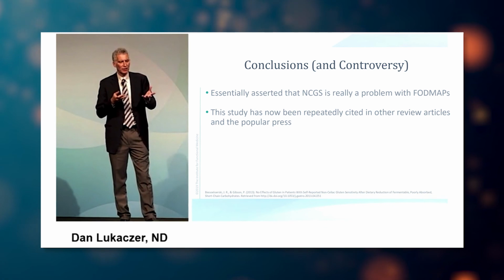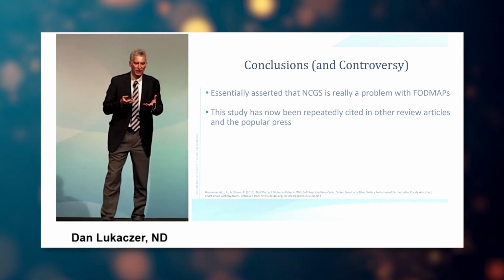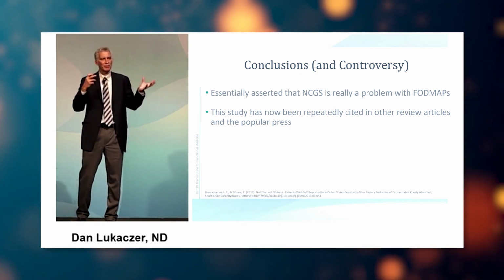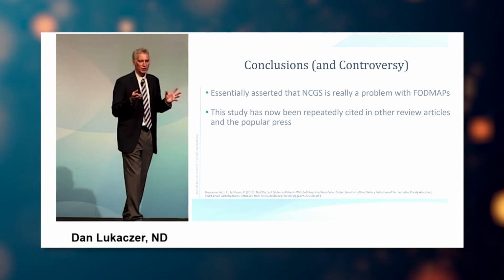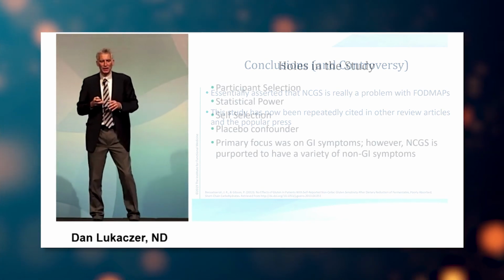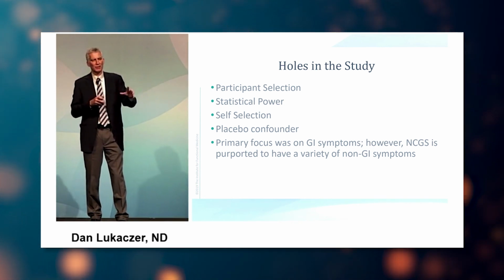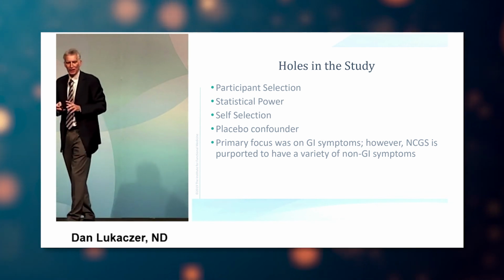And their conclusions essentially asserted that non-celiac gluten sensitivity is really a problem of FODMAPs. The study has now been, you can look up Dr. Google and it's referenced all over the place. The problem is there are actually a lot of holes in that study. In the addendum, I give you a number of those holes in that study for you to look at.